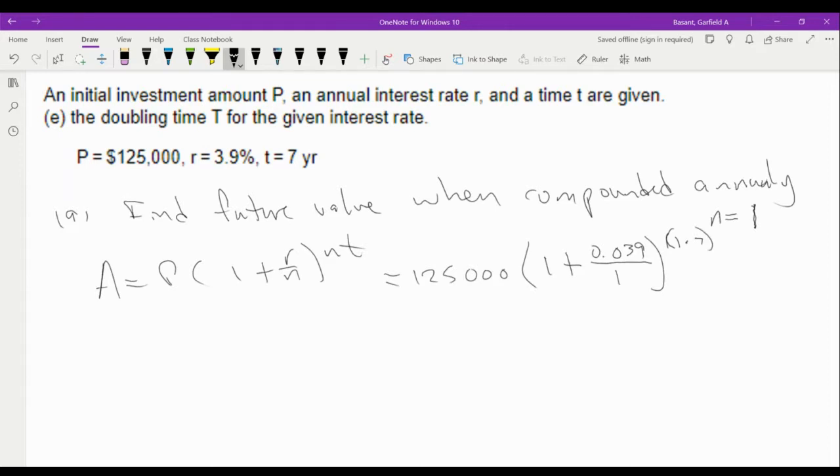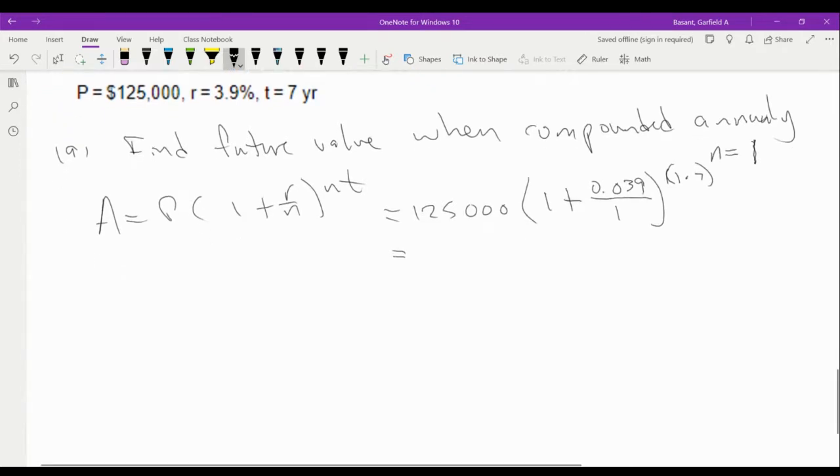So it's just a matter of sticking this in your calculator. Can someone calculate this for me, please?